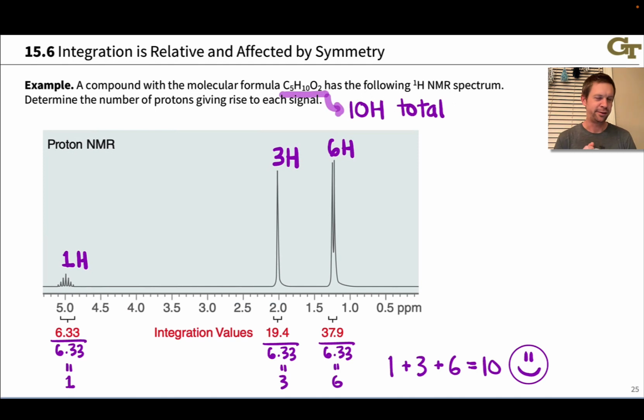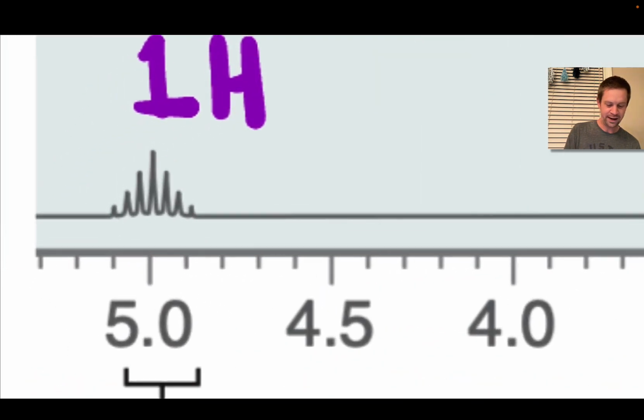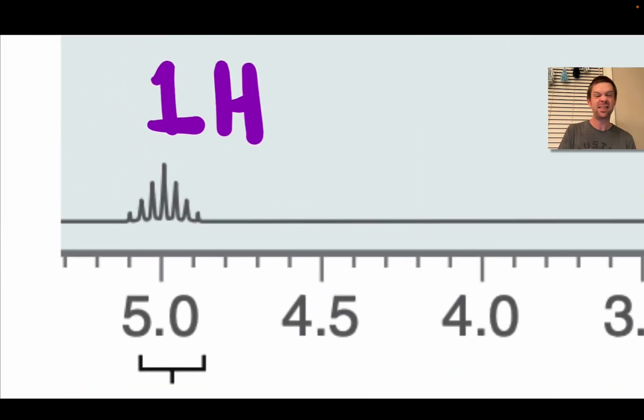One thing I'll leave you with, it's a bit of a cliffhanger here, has to do with the number of subpeaks and their relations to the integrations, in particular for this signal and this signal. One thing we notice is that if you really dig in and peek at this 1H signal, in fact, I'm going to zoom way in here, we can count 7 subpeaks within this signal. 1, 2, 3, 4, 5, 6, 7.